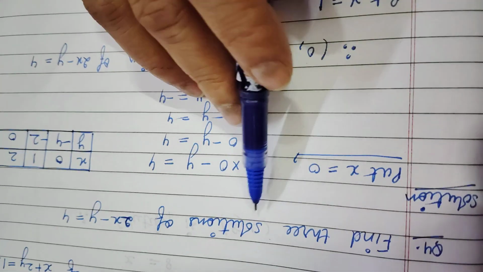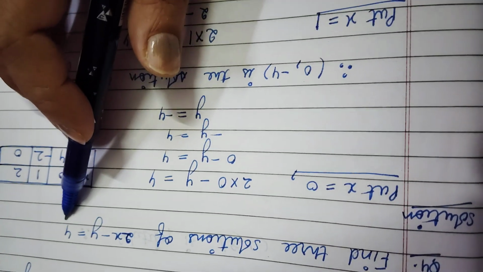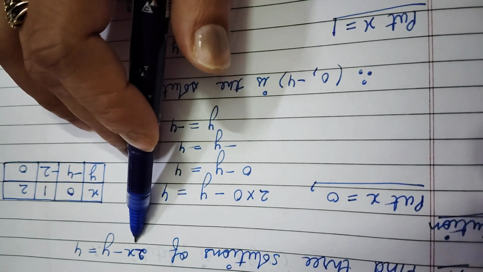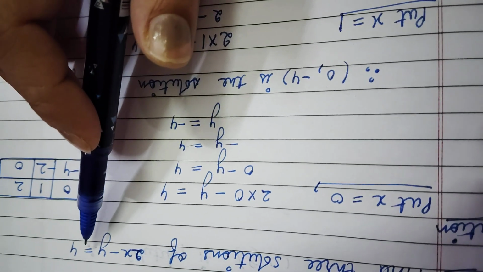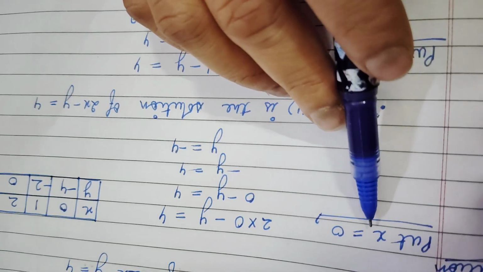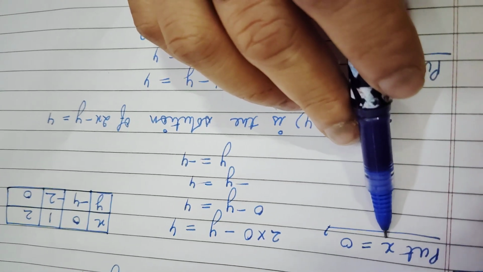Next question is, find three solutions of 2x minus y is equal to 4. If we have to find the solutions, we can put any value of x and then find the value of y respectively. I am taking x as 0.